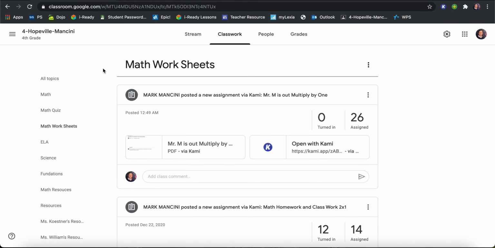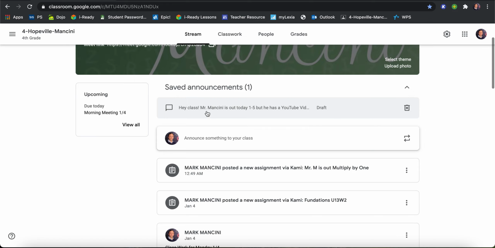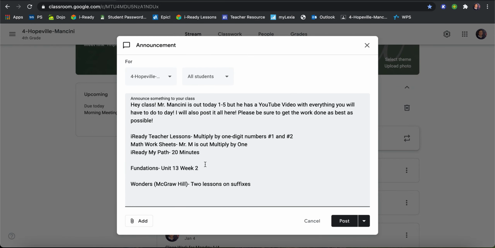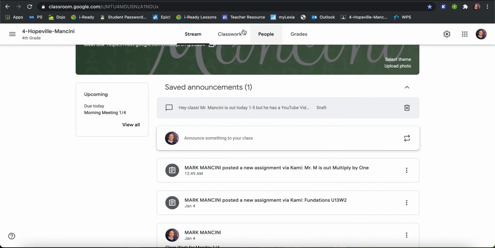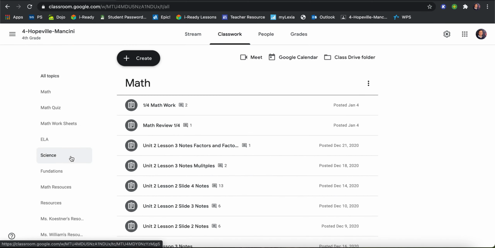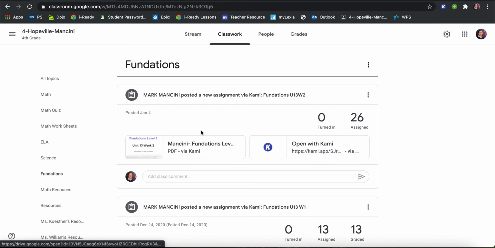However, we weren't done there. Mr. Mancini also is pushing out foundations. He pushed that out yesterday. So you guys can come here to classwork, foundations, and locate it right here at the top. Notice as last week, those of you who have done it, I completed and graded it back. 13 of you have not from the last week.